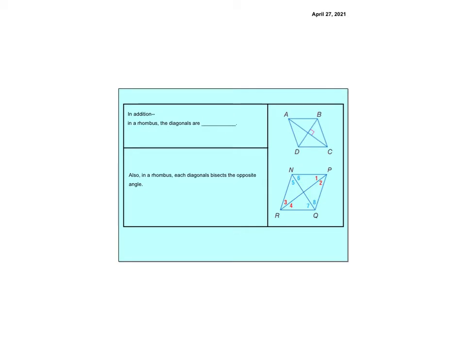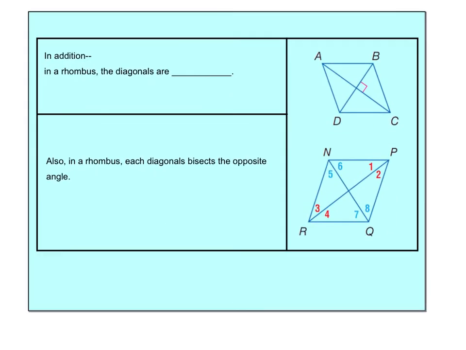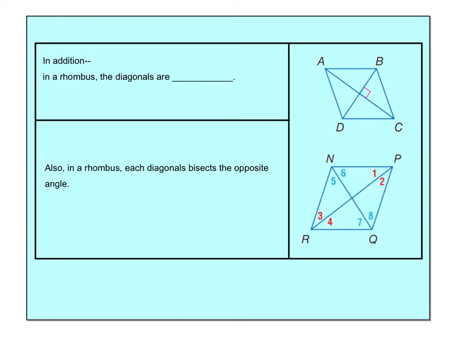So what happens about this? Well, a couple things happen. One, because all four sides are equal, as a result the diagonals become perpendicular. Remember that's the symbol for perpendicular.